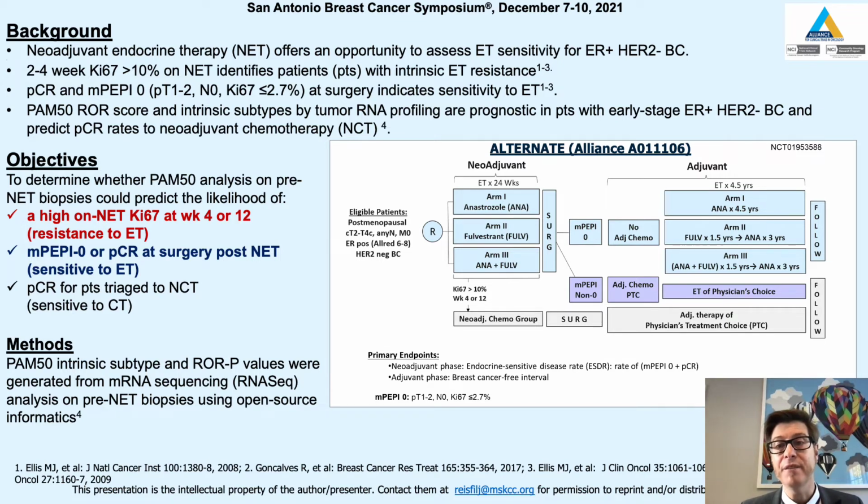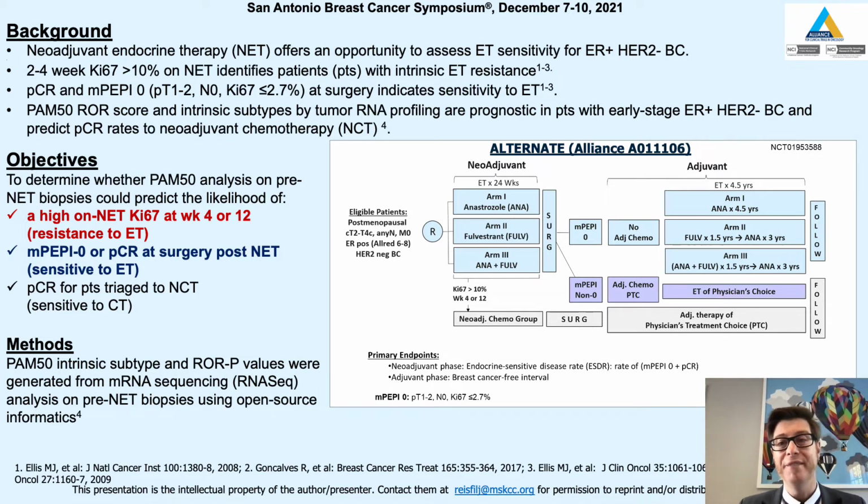The PAM50 assay, both the subtyping and the ROR, offer prognostic information for patients with ER-positive, HER2-negative breast cancers, as well as potential predictive information for pathologic complete response following neoadjuvant chemotherapy.